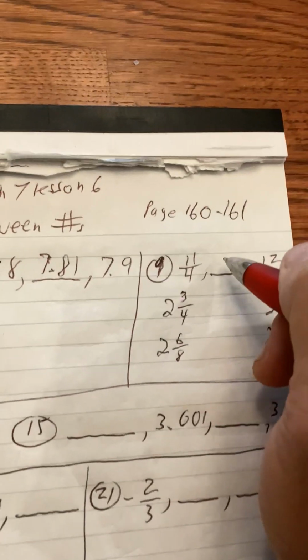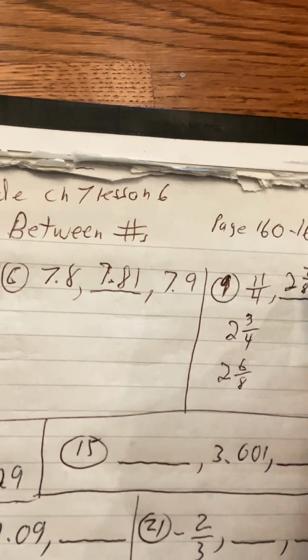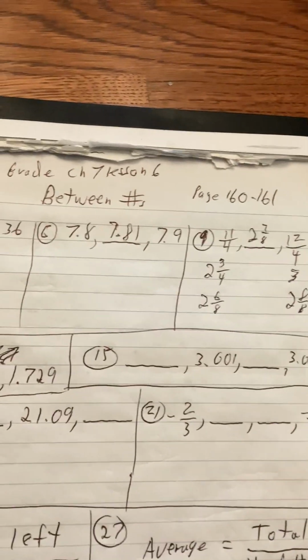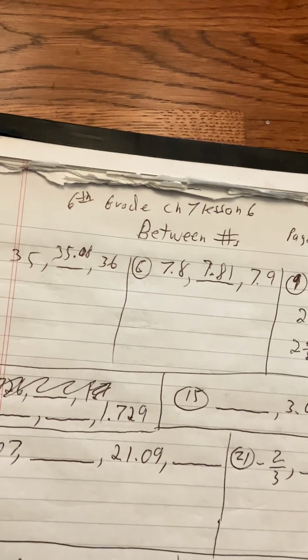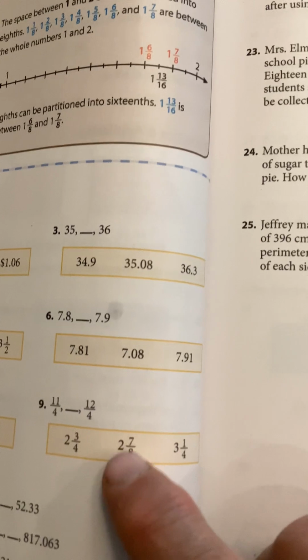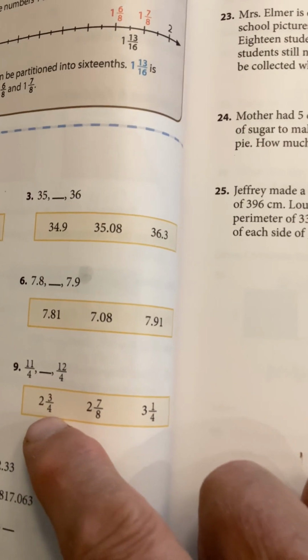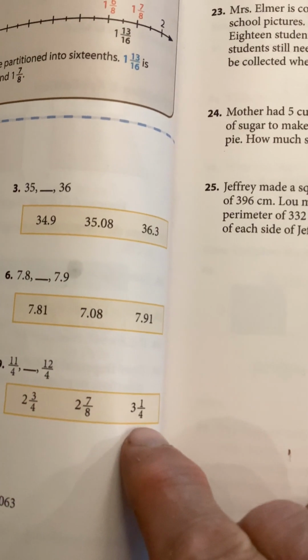Anyways, it'd be 2 7/8 would be in between. And you could use logic. This is equal to 11/4, and this is more than 3, so it has to be that one.